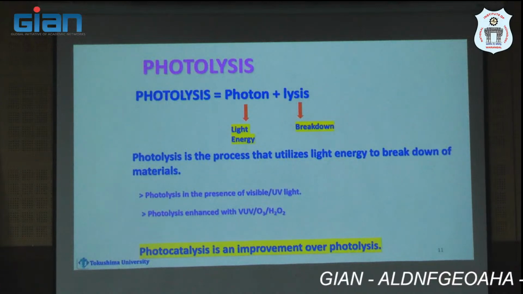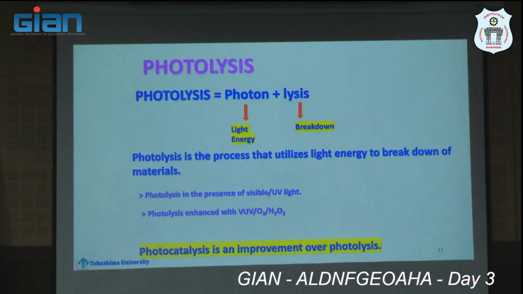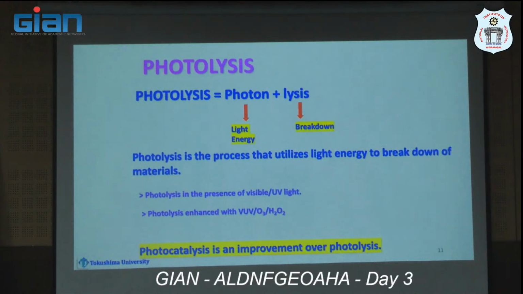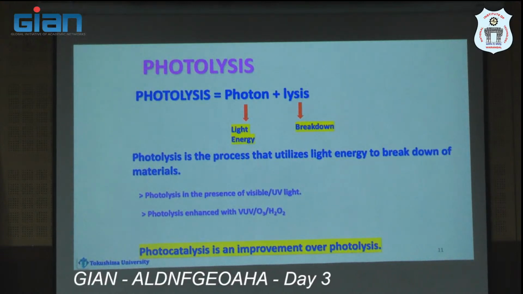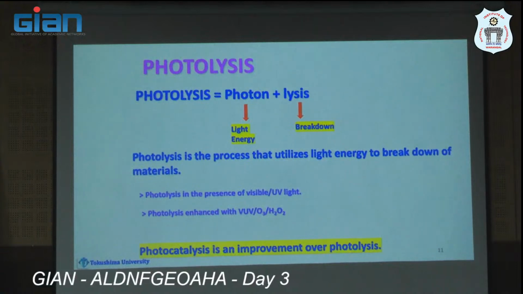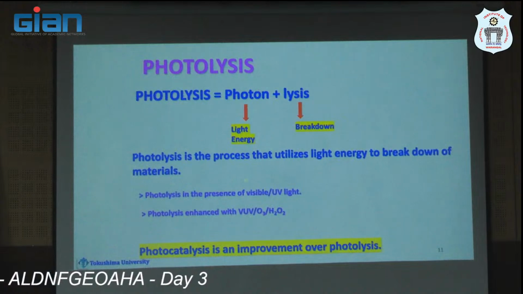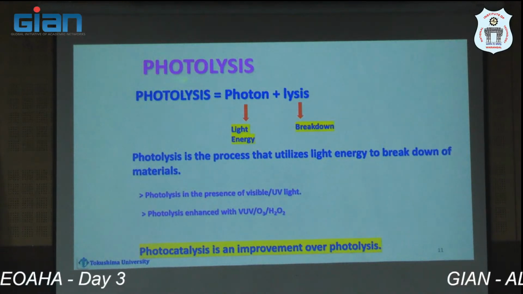materials. And when you break down the material, I told you contaminated water consists of organic pollutant. So if you want to break down those materials, such a process is required. Photolysis can be done in the presence of visible or UV light.